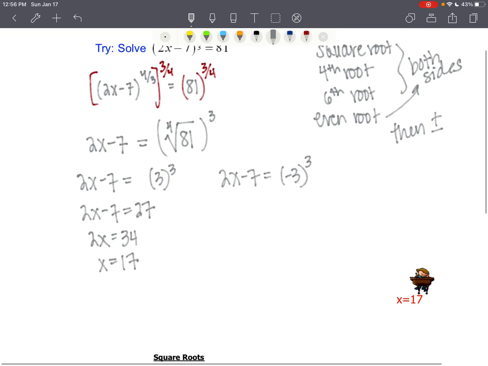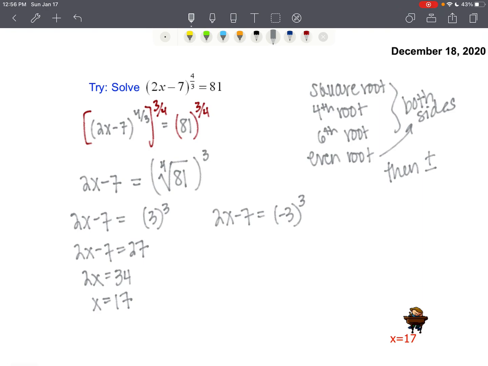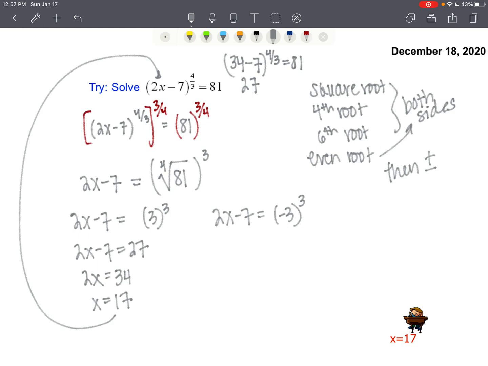When we put that 17 back in, we've got 34 minus 7 raised to the 4/3 power equals 81. So that's 27. The cube root of 27 is 3. 3 to the 4th is positive 81.